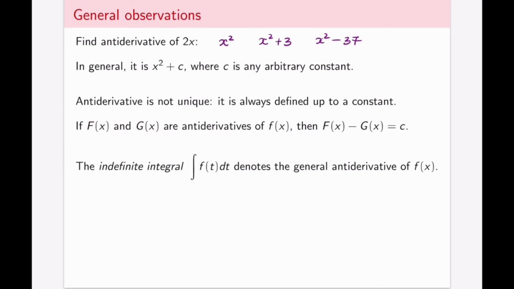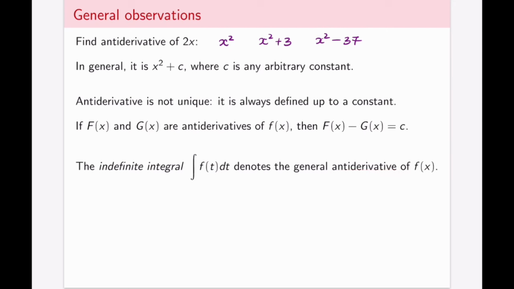So the next thing that we're going to introduce is the so-called indefinite integral. Notice the only difference is I don't actually have the interval as a part of my definition here, and that is because the indefinite integral will not refer to any specific area, but rather will describe a general antiderivative of f of x.